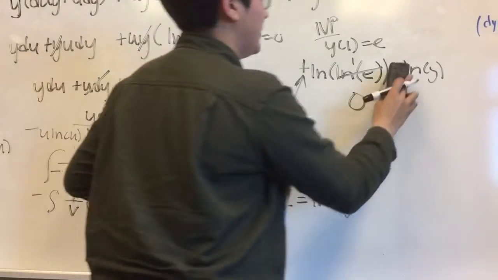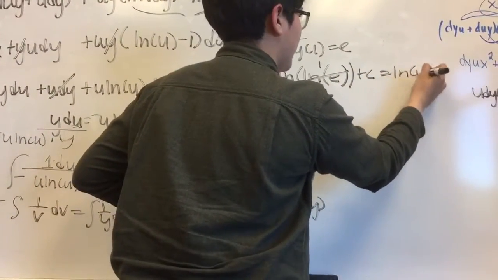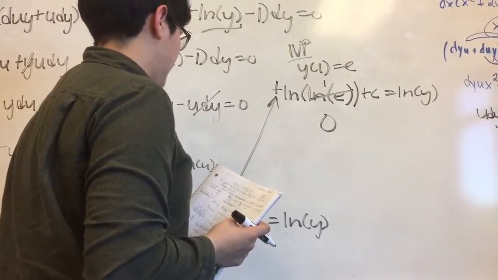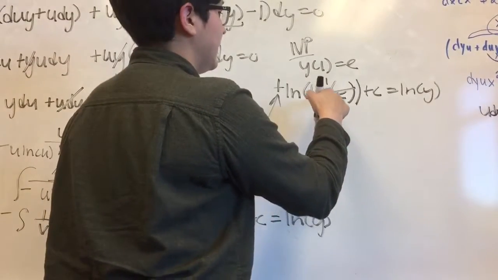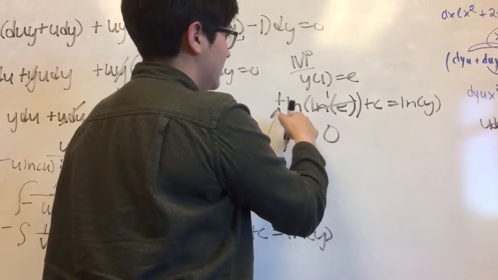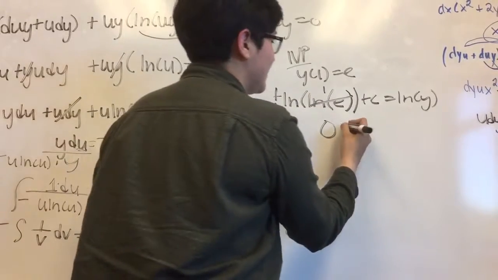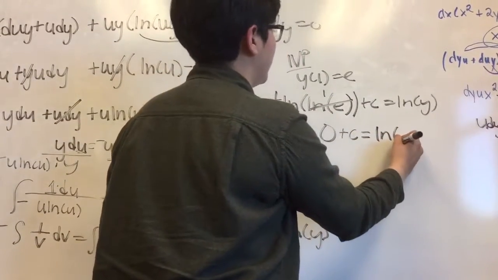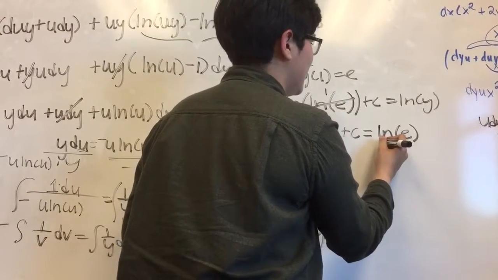Where am I? Oh no, I lost my plus c. I'm sorry. Plus c. So ln of e is equal to 1, and ln of 1 is equal to 0. 0 plus c is equal to the natural log of y, which is e, which is equal to 1.